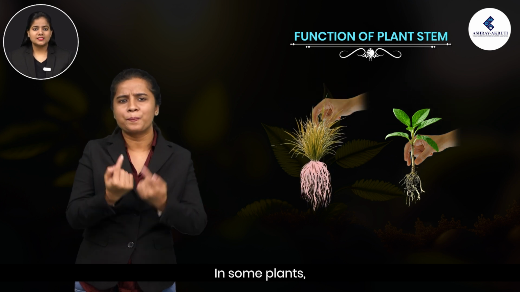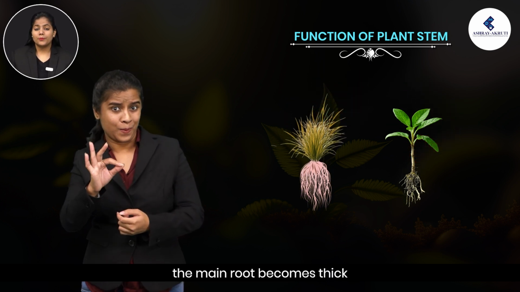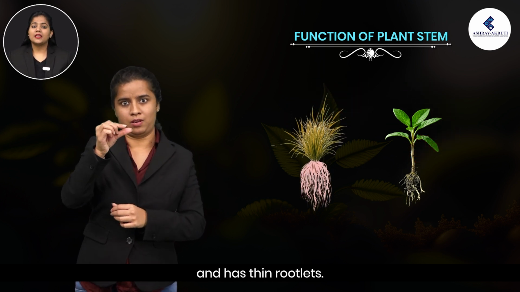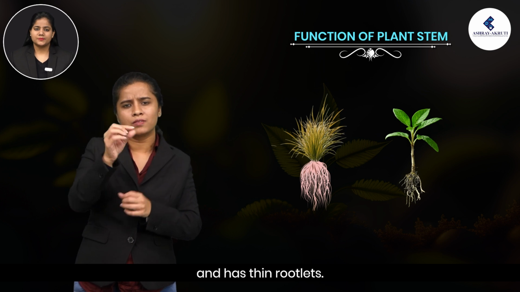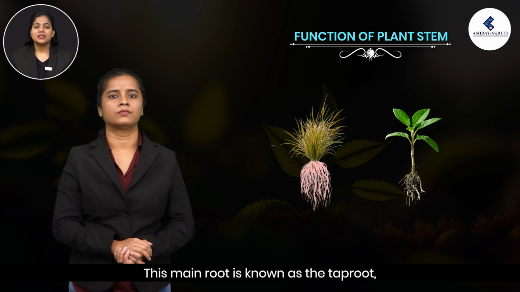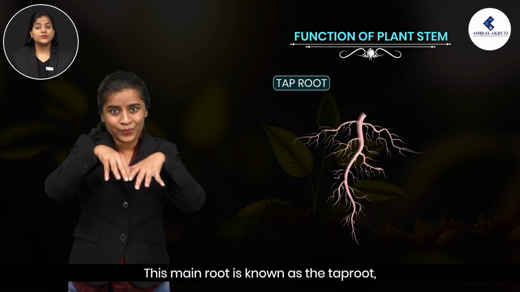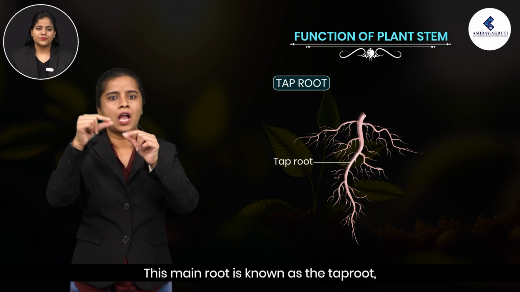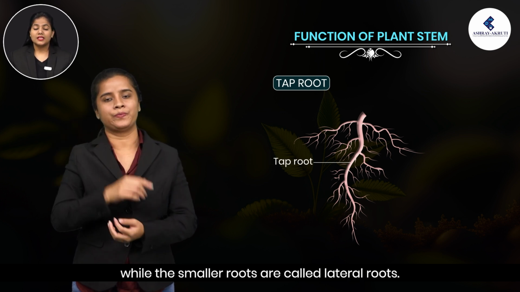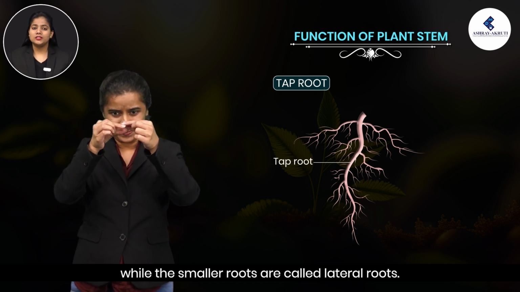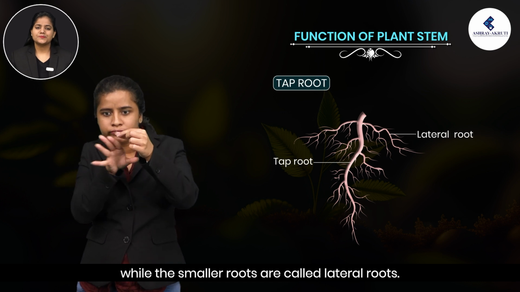In some plants, the main root becomes thick and has thin rootlets. This main root is known as the taproot, while the smaller roots are called lateral roots.